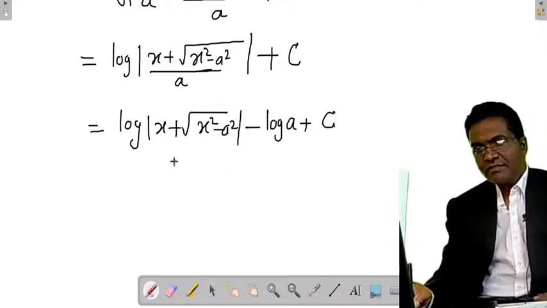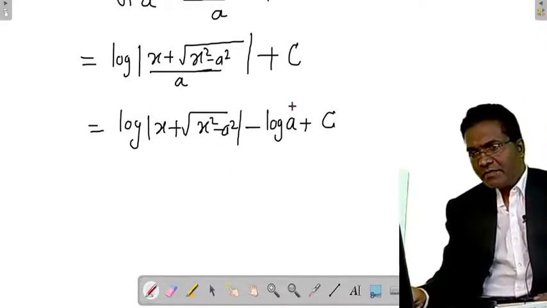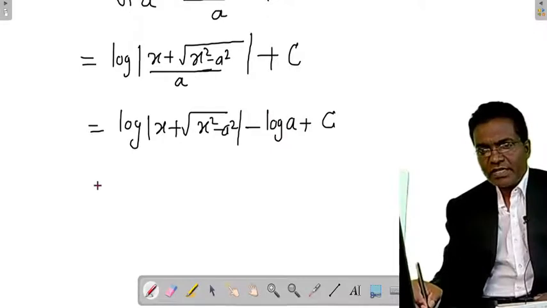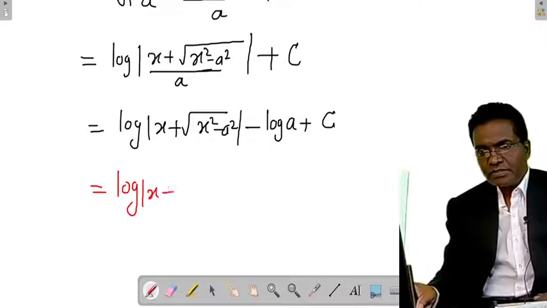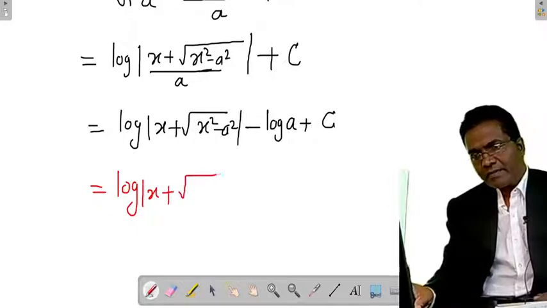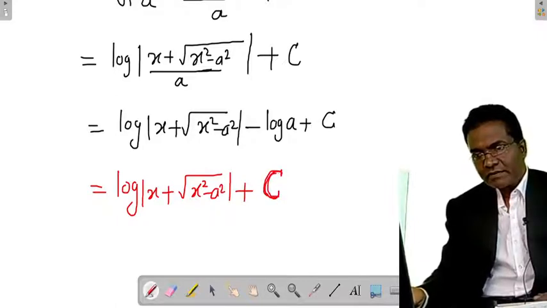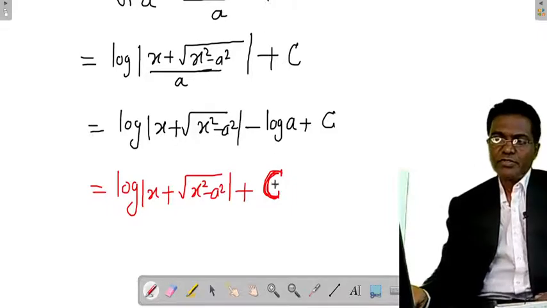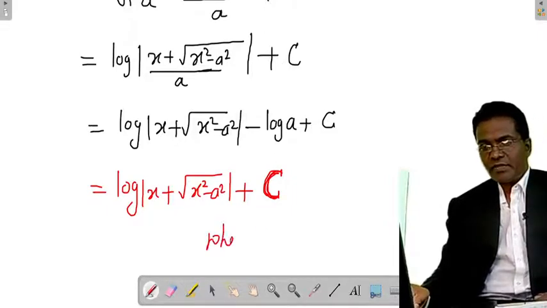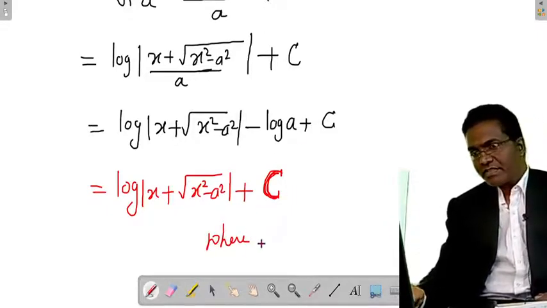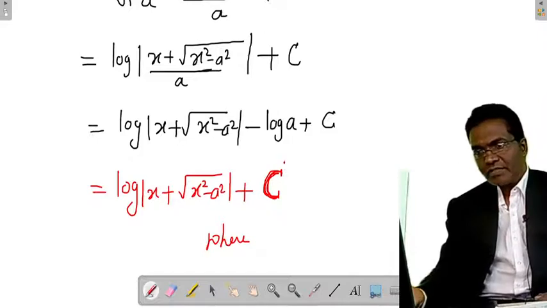Okay, now see here, c minus log a is a constant, so I can keep it in another standard form. It is log of x plus root of x square minus a square plus some big constant. I can write c or k, whatever. Where this constant stands for, I can call c dash also, no problem.